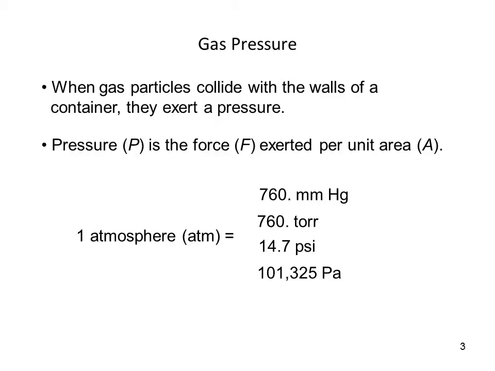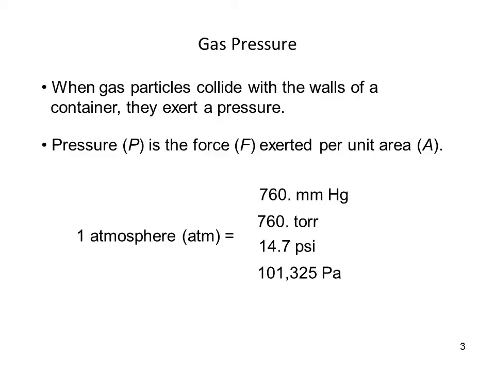Torr and millimeters of mercury are used, and so are atmospheres. There's also something called pascals and kilopascals, but those are not used that much by chemists. That is another way of measuring pressure, but usually physicists use pressure in pascals.